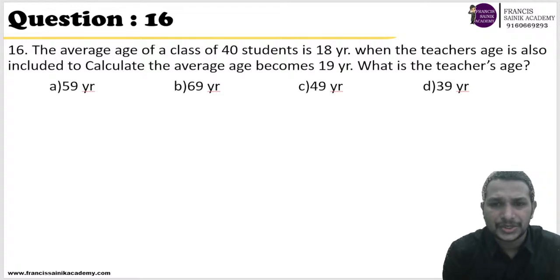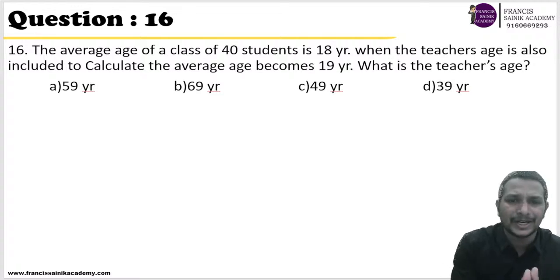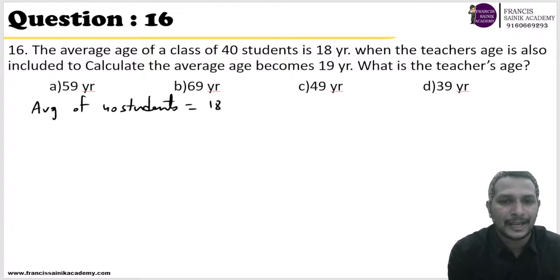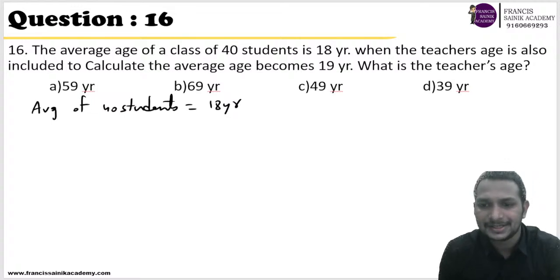Average age of 40 students is given as 18 years. And when the teacher's age is included, the average becomes 19 years. First, average of 40 students is 18 years.